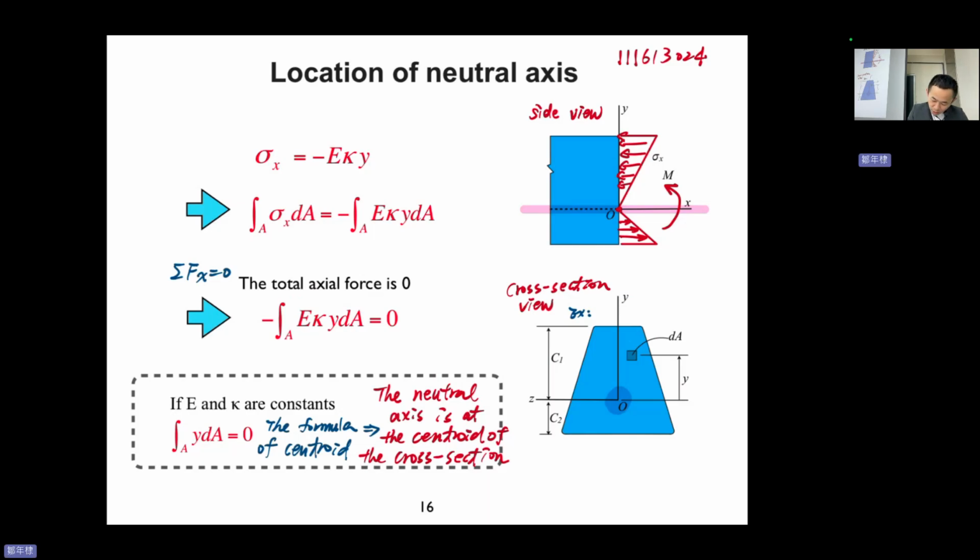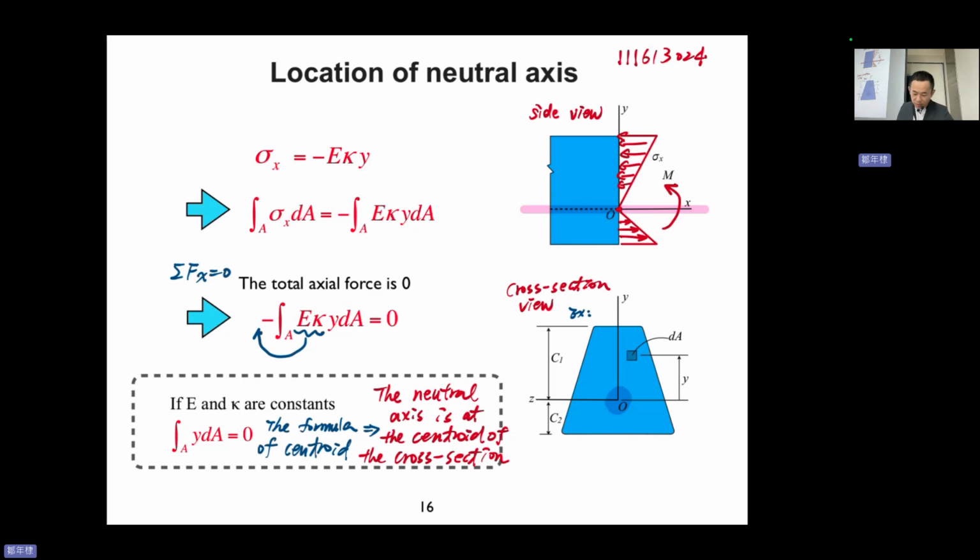All right. One more remark: E and kappa can go out of the integration, and the minus sign, kappa and E are deleted by the 0 on the right-hand side. All that is left is this one, and this one means centroid.